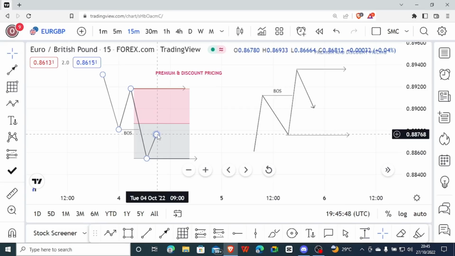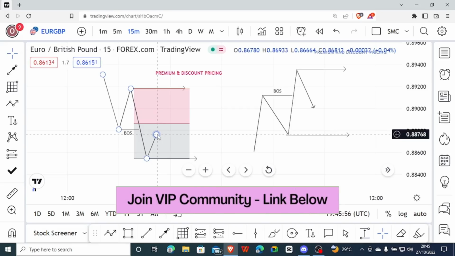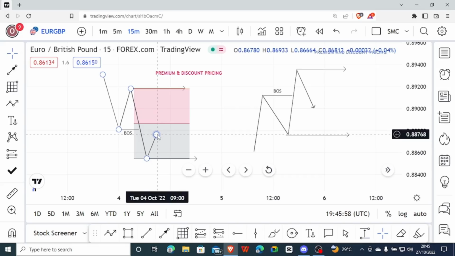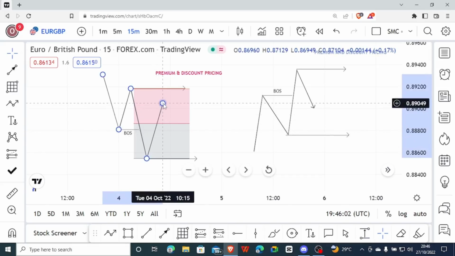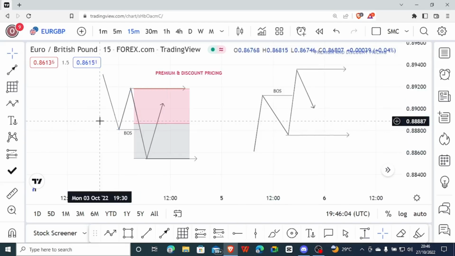If you buy expensive and sell cheap, you will be out of business. All right, so it will help you to buy cheap and sell high. You will sell high when price has come into this premium zone. Now that's the first reason why you need to master this premium and discount pricing.